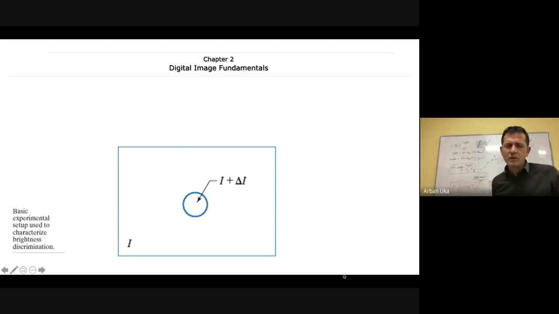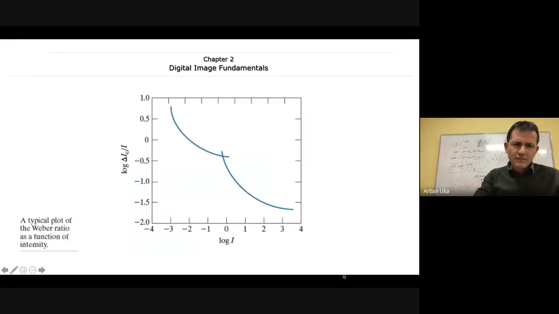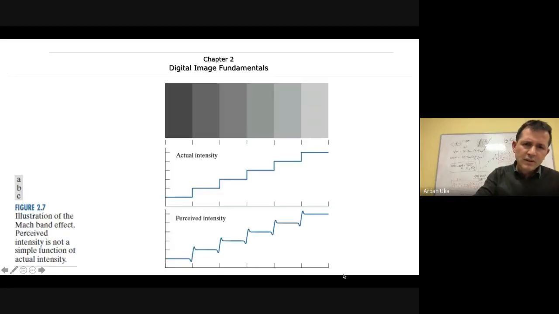Computers do perceive it very well. Computers are very nice, so quantitatively, they are good at every domain. But the human eye, human perception, does worse. For this, we can plot typical graphs, which are the Weber ratio as a function of the intensity, to analyze, let's say, the changes in the gradient of the intensities.